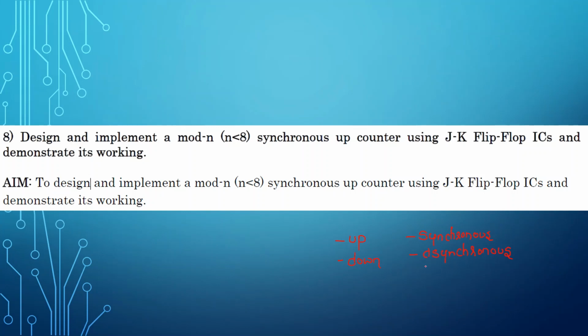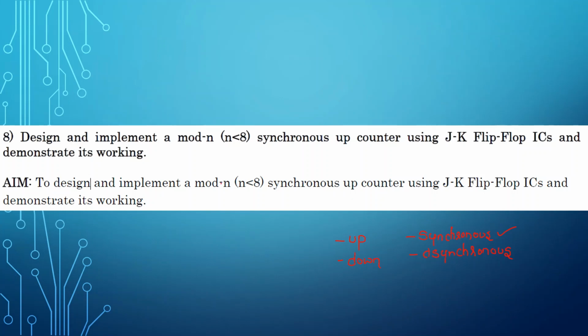Asynchronous counters are those in which the clock signal is given only to the first flip-flop, and the output of the first flip-flop acts as a clock to the second flip-flop, the output of the second acts as a clock input to the third flip-flop, and so on. Synchronous counters are considered comparatively faster because the clock signals are directly connected to all the flip-flops. So this is regarding the theory and classifications of counters.